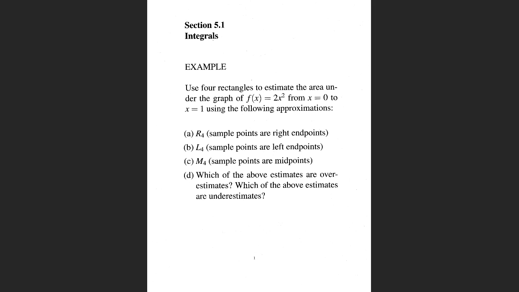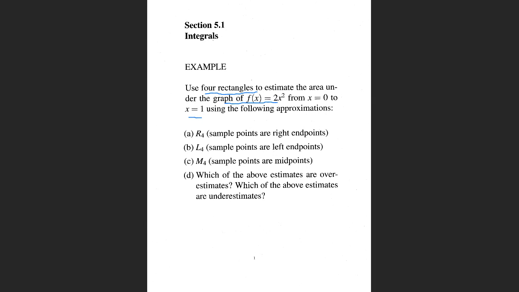Okay, so all right, let's take a look at this problem. What we're going to do is use 4 rectangles to estimate the area underneath the graph of a function, and our function is f of x equals 2x squared, from x equals 0 to x equals 1 using the following approximations. And of course, when you see the pictures, these approximations are going to be more and more clear.